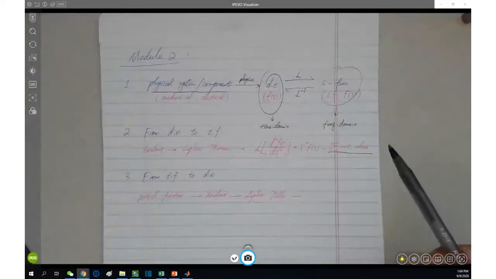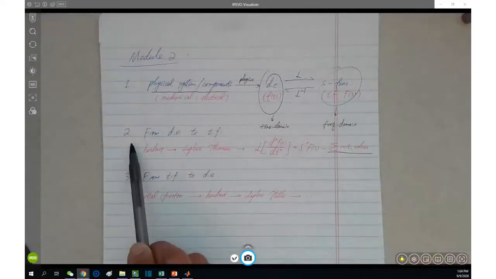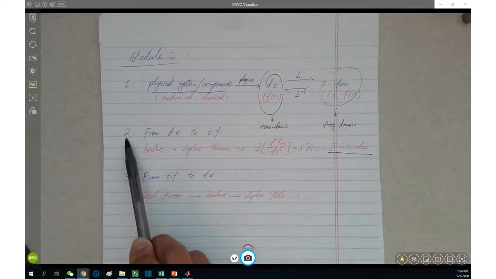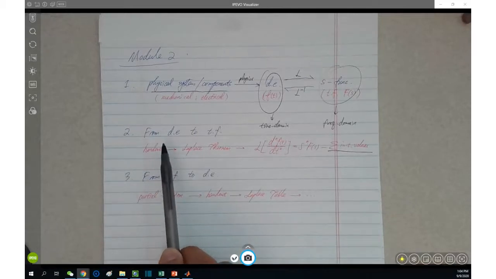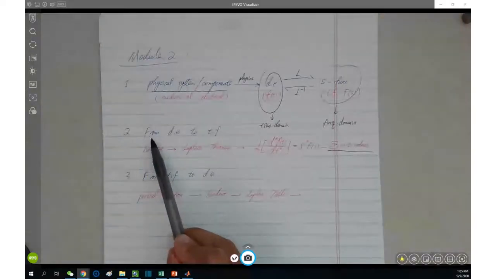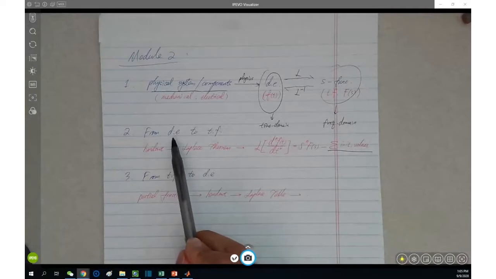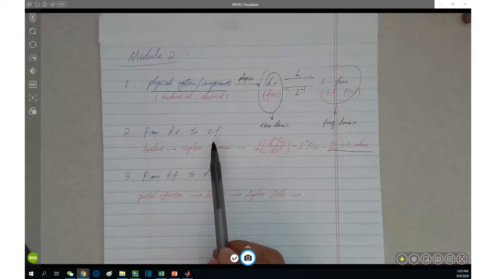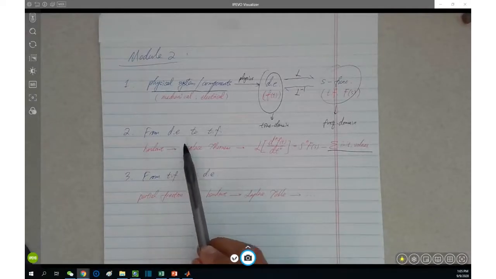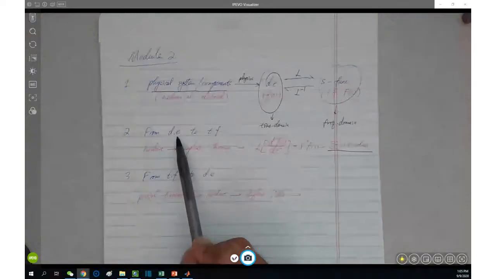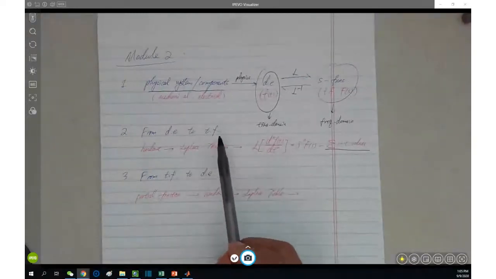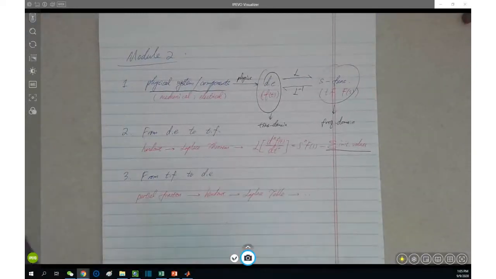If we move on, the second thing we're going to learn is how to conduct this Laplace and inverse Laplace transform. First, one way is from the differential equation to the transfer function. Assuming a differential equation is given, how do we come up with the corresponding transfer function in frequency domain?